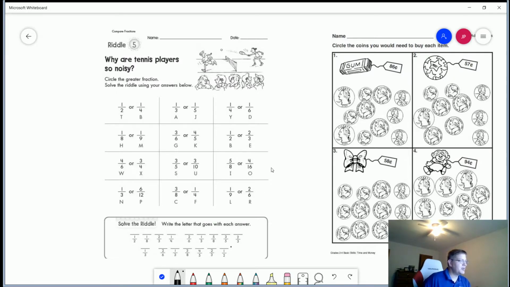A few of these we're going to have to work a little bit harder. So for instance, we may need to make a picture. And so let's try to do that out here to the side. So I'm going to look at this one here. And I'm going to make a rectangle and pretend that it is my fraction strip. I'm going to try to make a similar sized one.